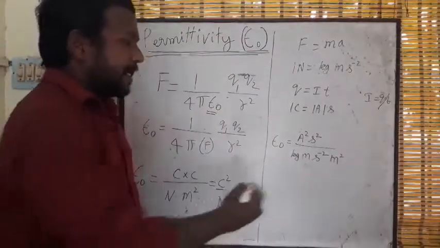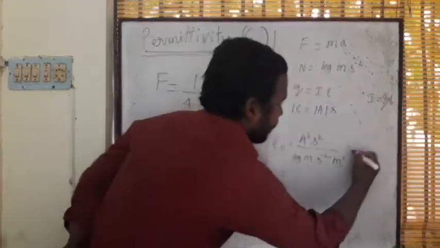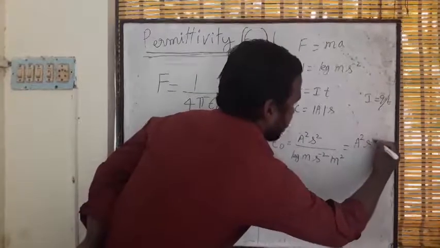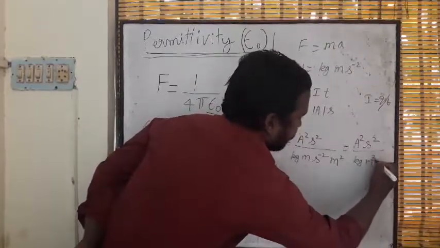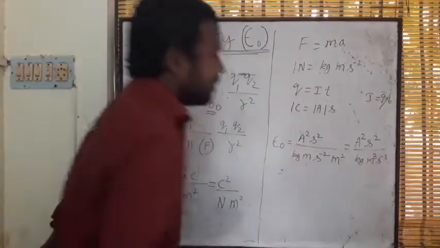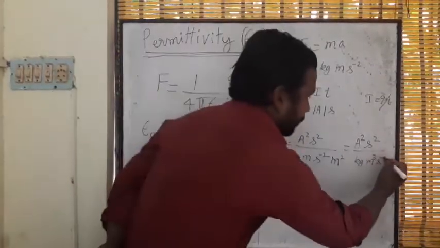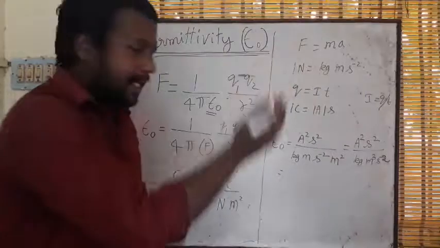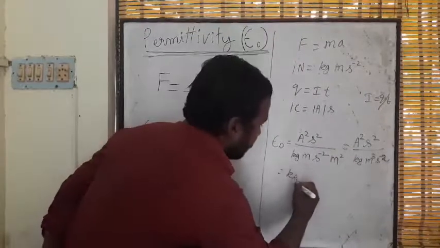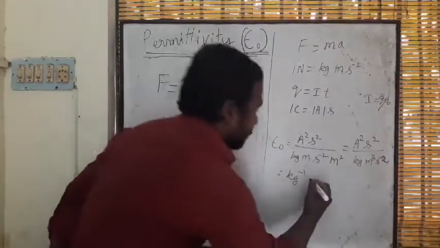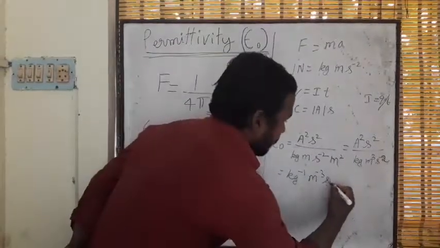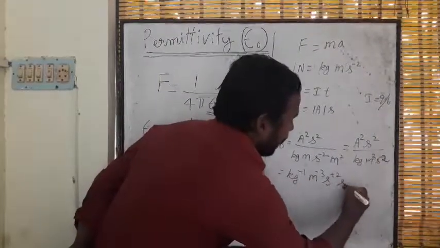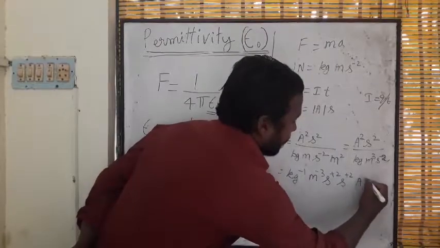So in the denominator I am going to get kg meter cube second minus 2, so this everything I am bringing to the numerator: kg inverse, meter minus 3, second plus 2, and already second square is there, ampere square.